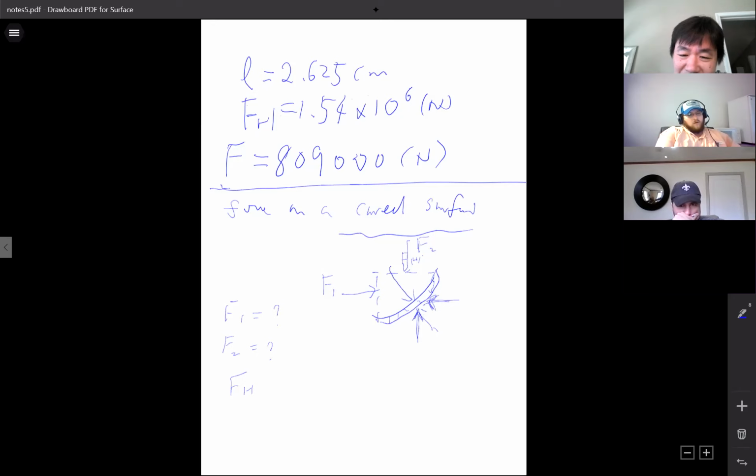So let's say Fx and Fy. What is the relation between F1 and Fx? Fx is the x component of the hydrostatic force. Fy is the y component of the hydrostatic force.